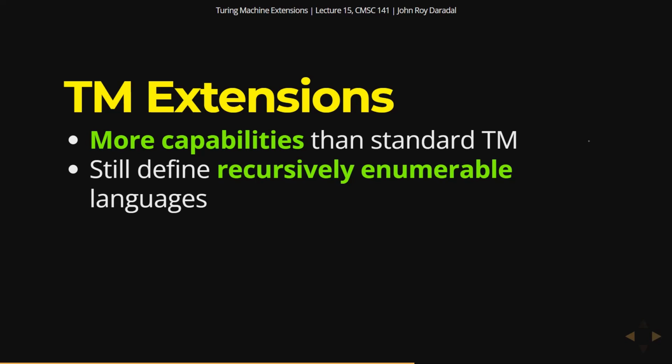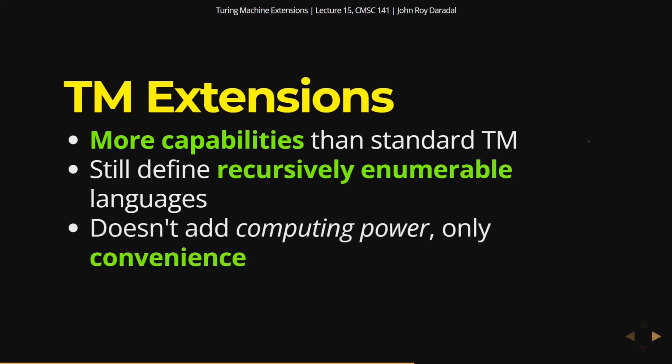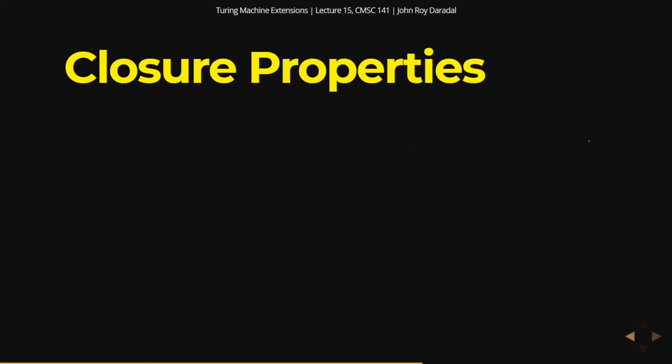But even so, they still define recursively enumerable languages. So they don't really add computing power, only convenience. Even with extensions or restrictions, Turing machines still define the same set of languages, which is recursively enumerable languages. So that's it for extensions and restrictions.